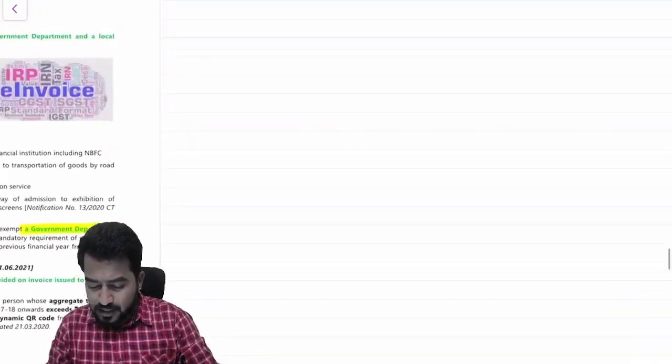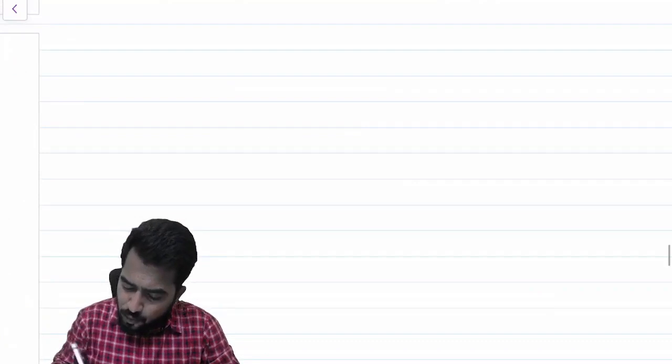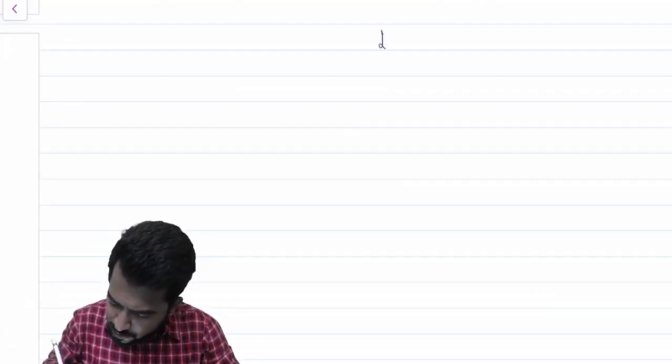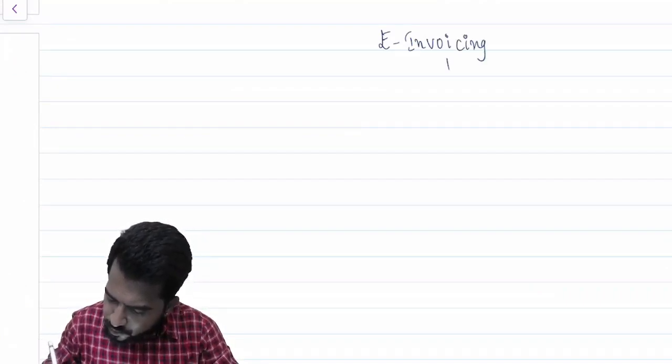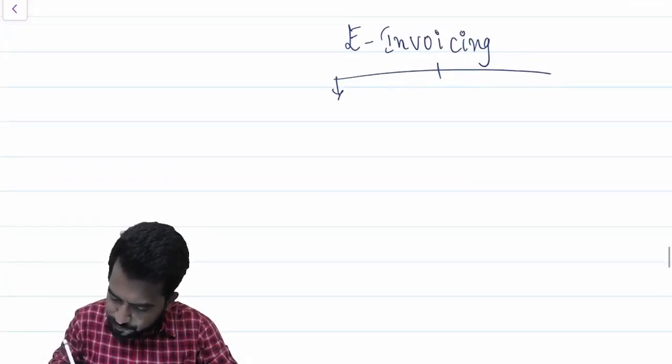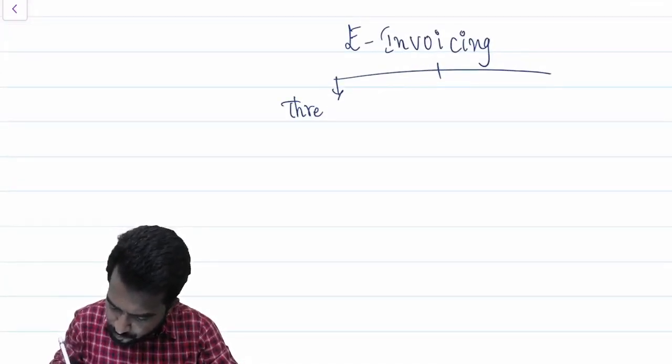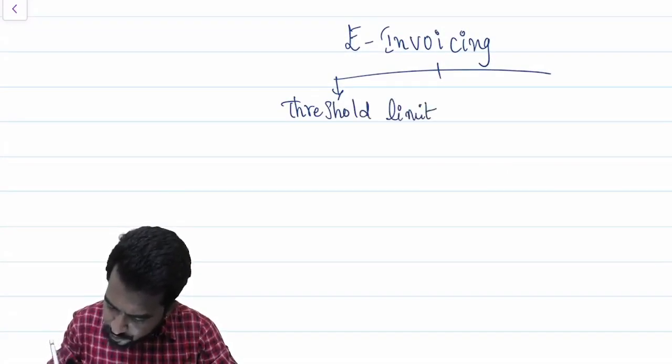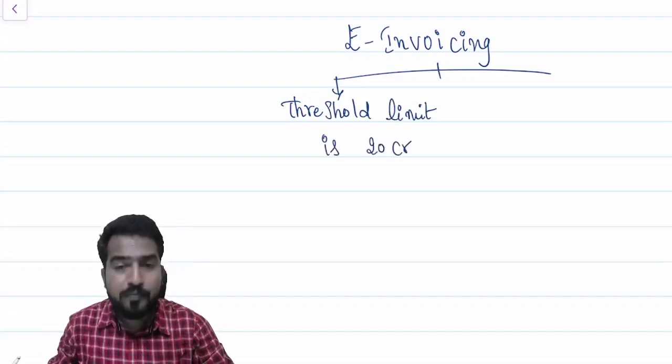So what are the amendments in e-invoicing, my dear friends? There are only two. Amendment number one: the threshold limit is reduced to 20 crores now. Clear?